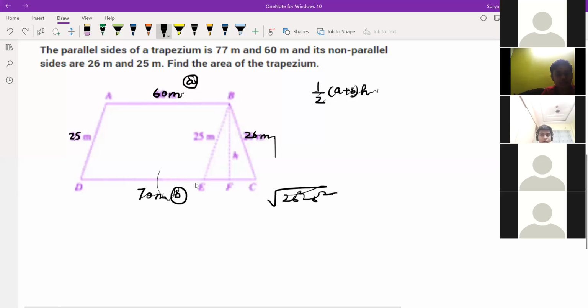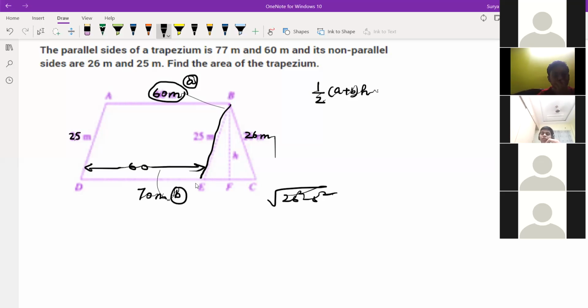One minute. I mean, it's a parallelogram, no? Yeah, see, this is a parallelogram. This line we have made, right? We just made it like this. So from here to here is 60 only, right? Yeah, sir, exactly. So this part is 10. And what Pulastya is telling is from F to C, so this is half of 10 because it's an isosceles triangle, right? This is not isosceles, Pulastya.